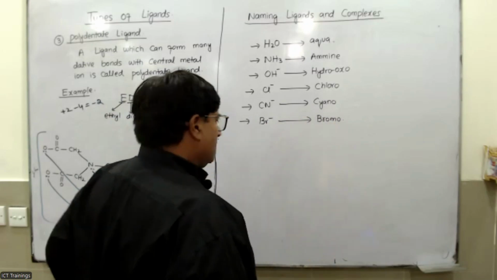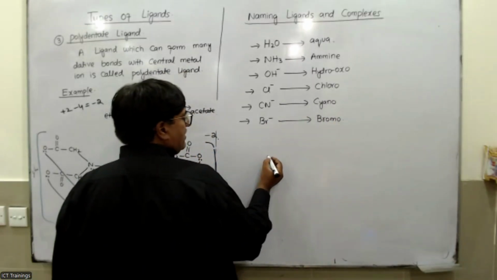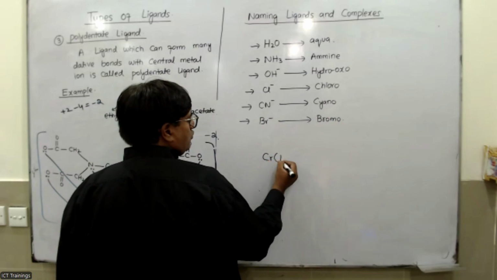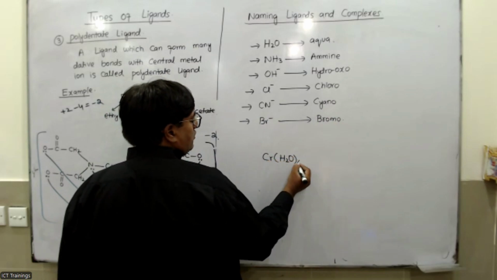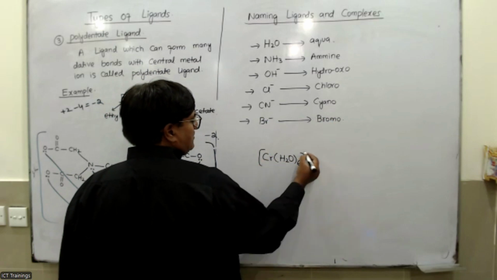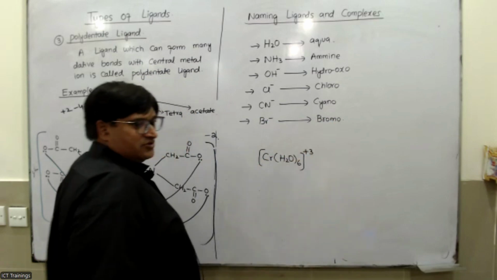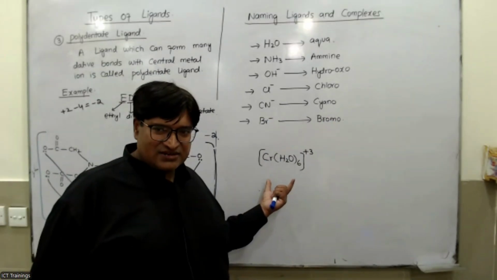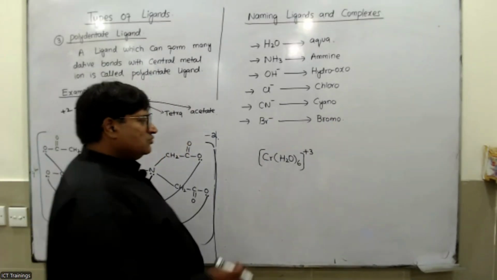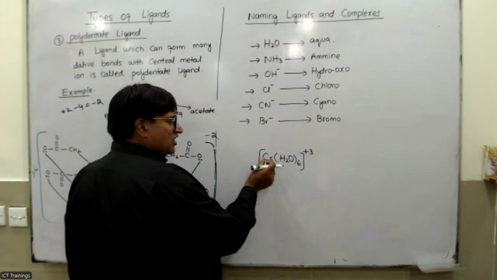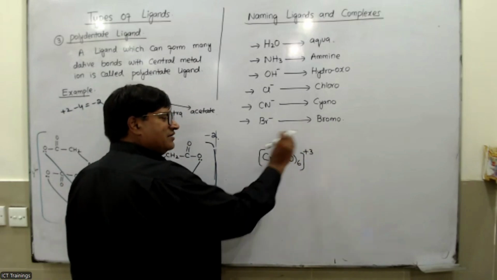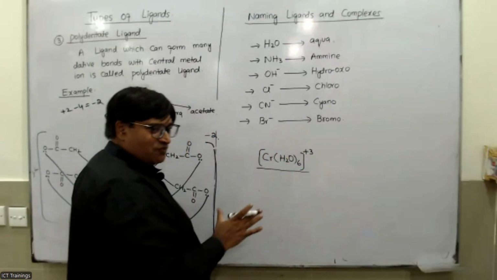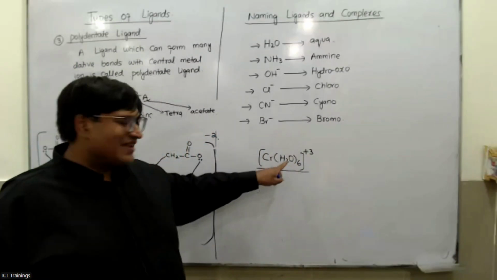Now let's suppose I'm going to write down a complex up here, chromium, water 6, and it has a plus 3 charge on it. Everybody just listen, guys. You know that water is neutral, and the charge on chromium is plus 3. If you want to write the name of this complex, we should start from the ligands.